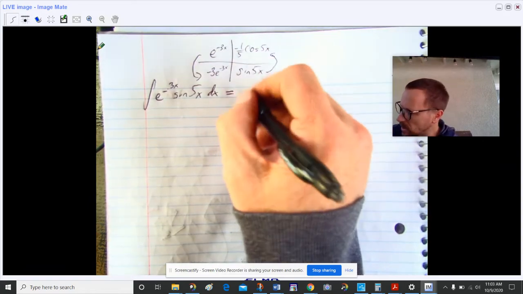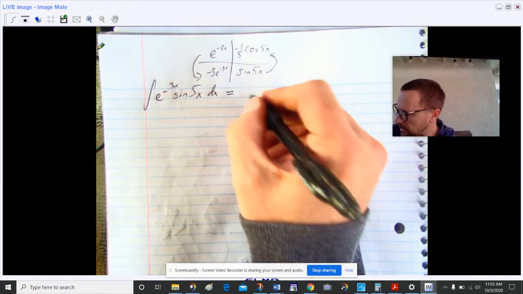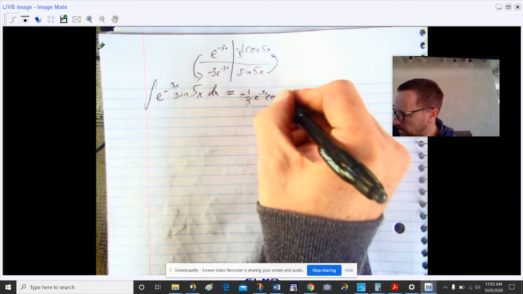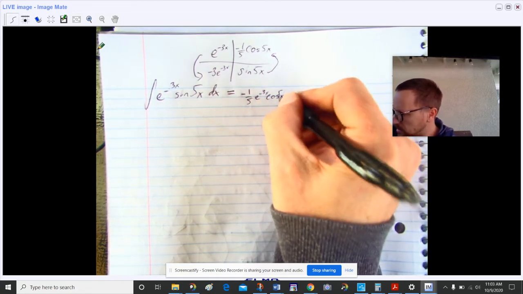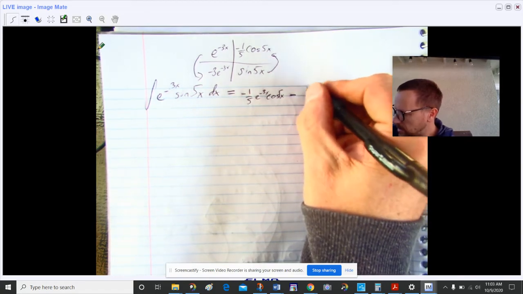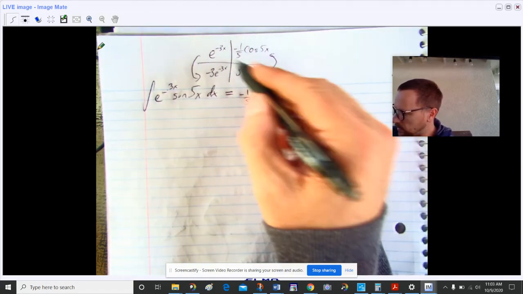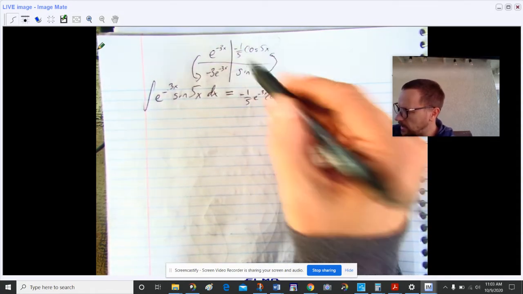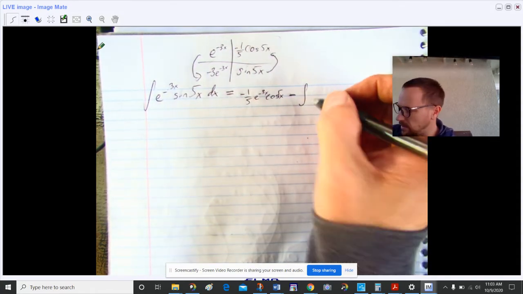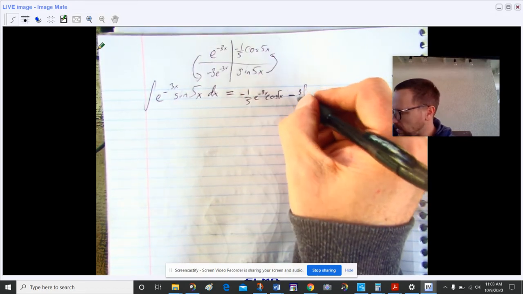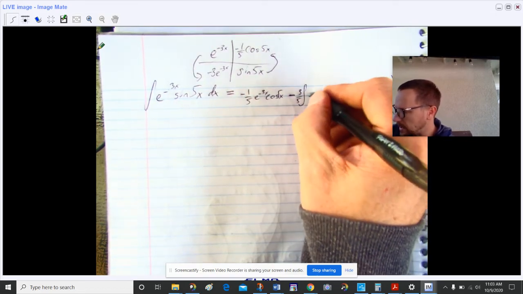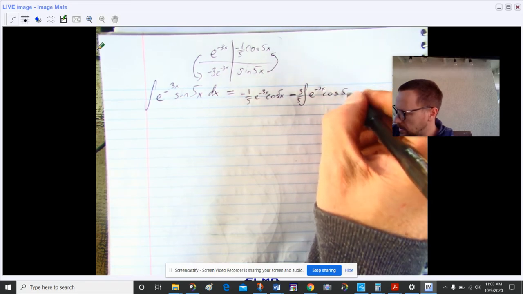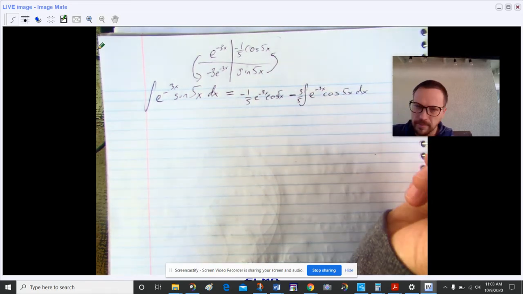So then you have negative 1/5 e to the negative 3x cosine of 5x, minus the integral, and then three negatives make a negative, and we can take that 3/5 on out. Now we're at e to the negative 3x cosine of 5x dx. All right, so now we're there.